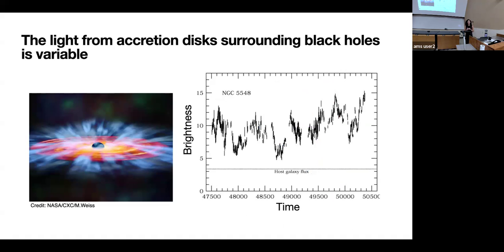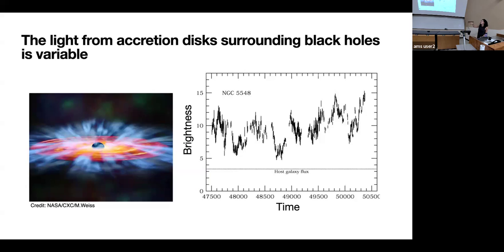The property of active galactic nuclei that I've been really focused on is variability. The light from the accretion disks that surround these active black holes is variable over time. So this is a plot of the brightness from the center of an active galactic nucleus over time. This plot spans about 8 years.